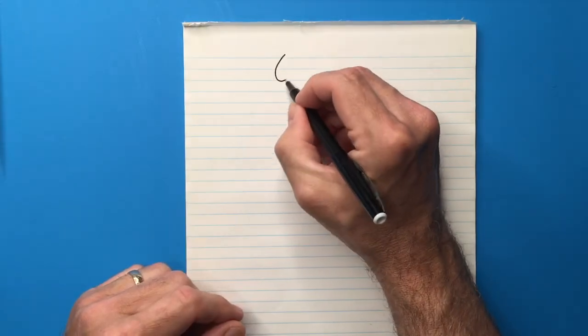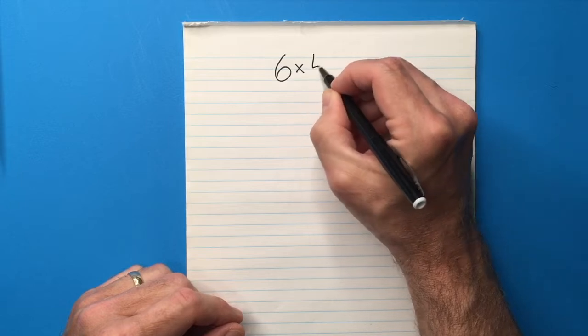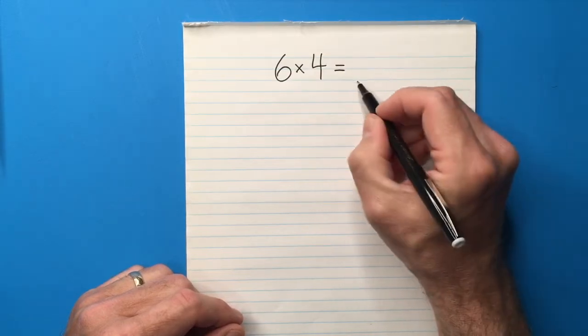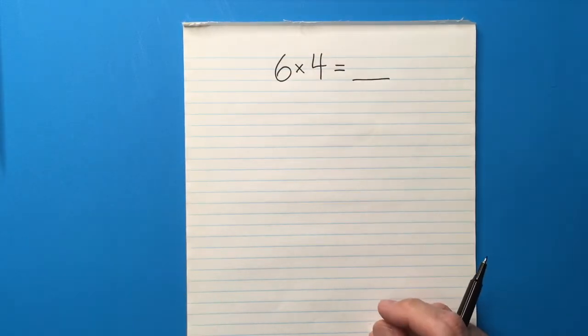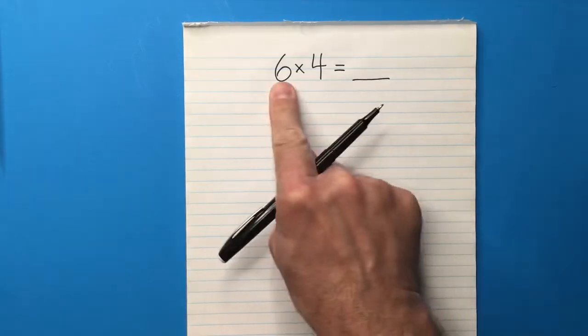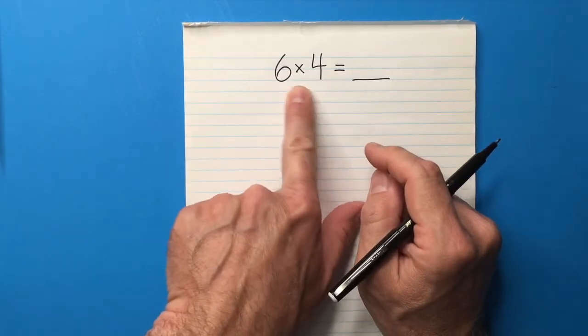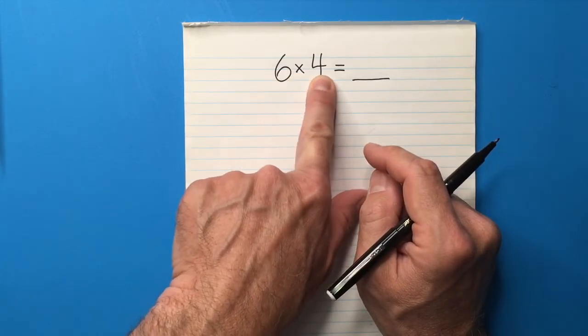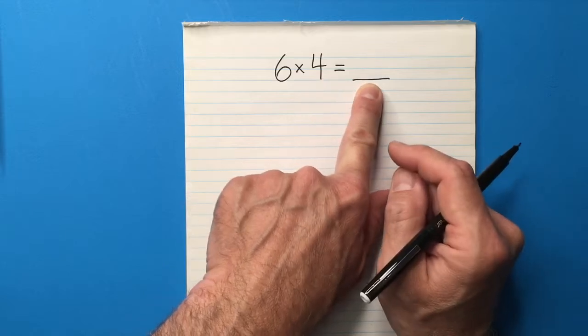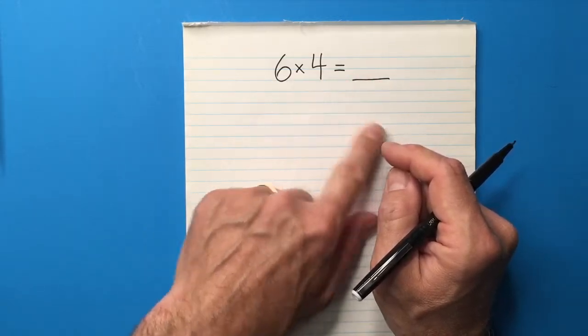Something else you might see and need to try and figure out and explain to yourself or somebody else, if you want to try and determine if you understand what multiplication is, you might get this and you have to sort of say to yourself, well, what does this mean? 6 times 4 equals something. What does that mean?